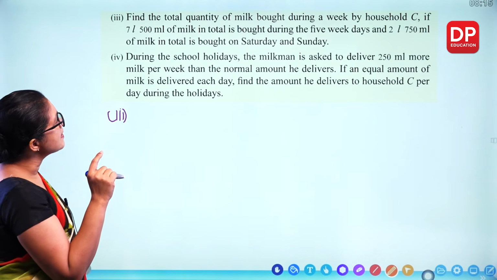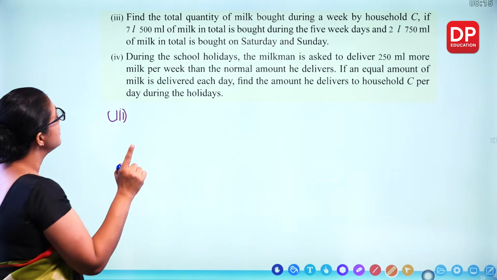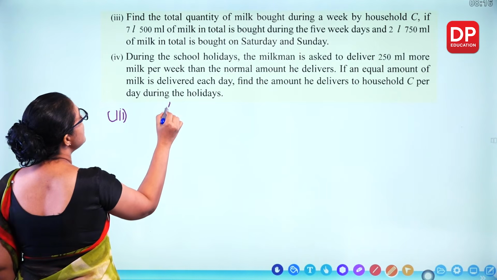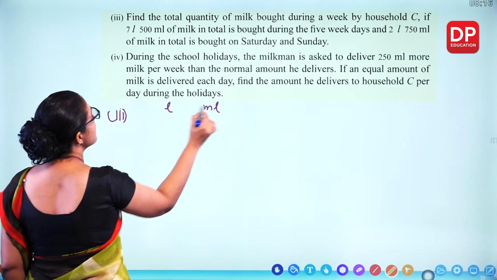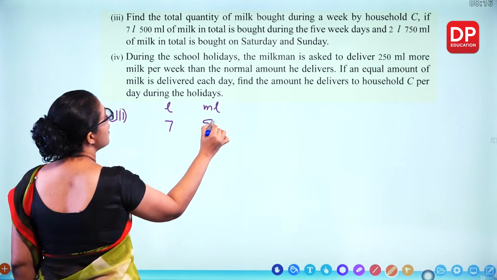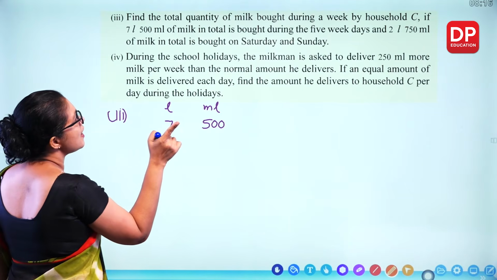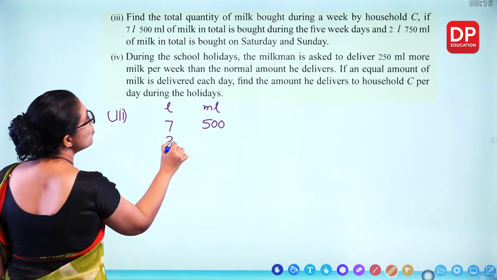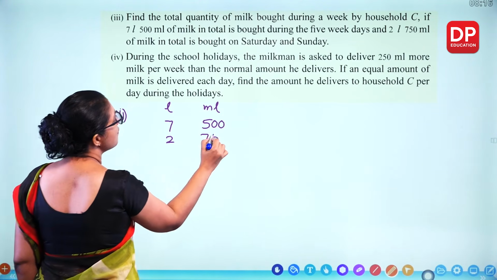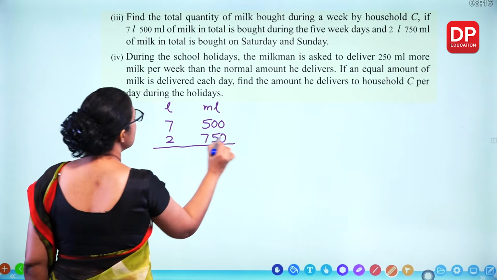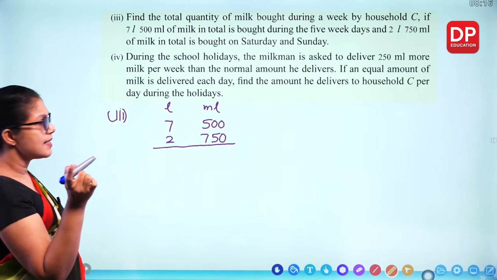So that means you have to add the two quantities. So liters, milliliters, 7 and 500. That's for 5 days. 2 liters and 750 milliliters. That's for Sunday and Saturday.